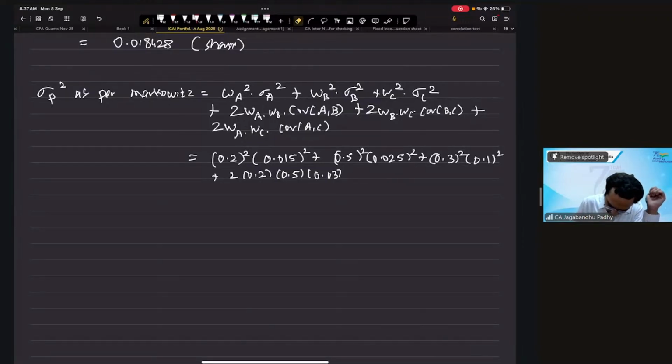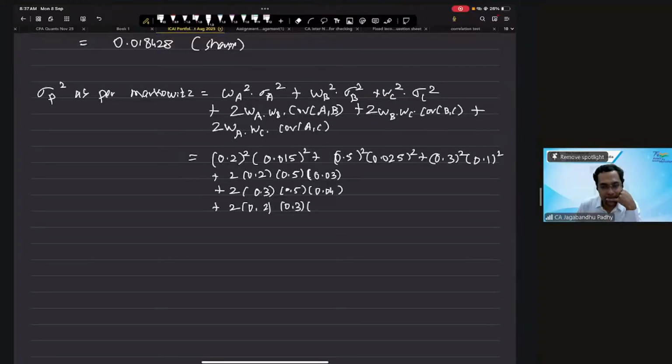Plus 2 into 0.3 into 0.5 into the covariance between B and C, which is 0.04, plus 2 into 0.2, 0.3 into 0.02.